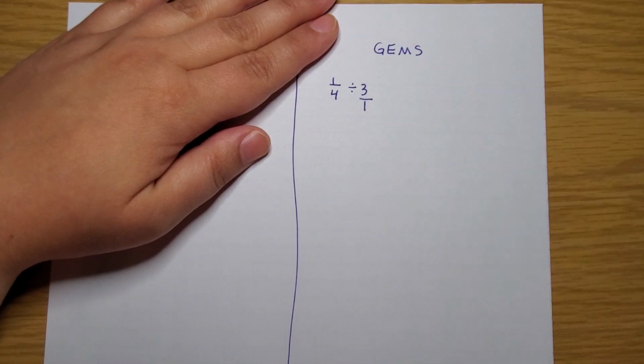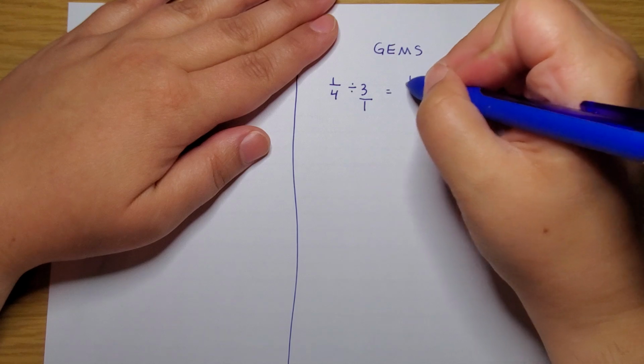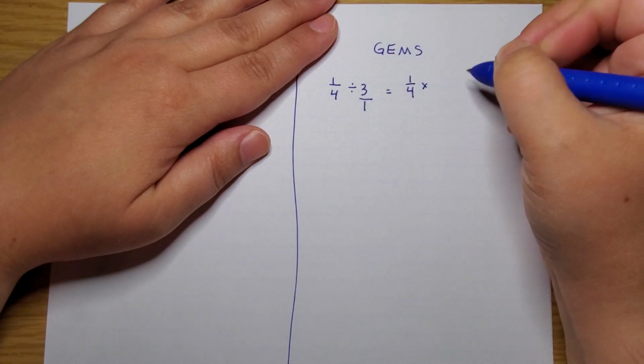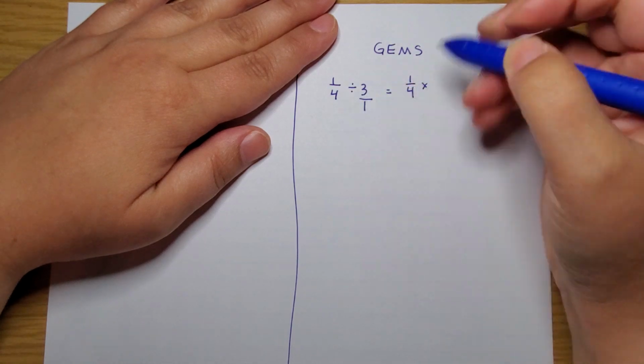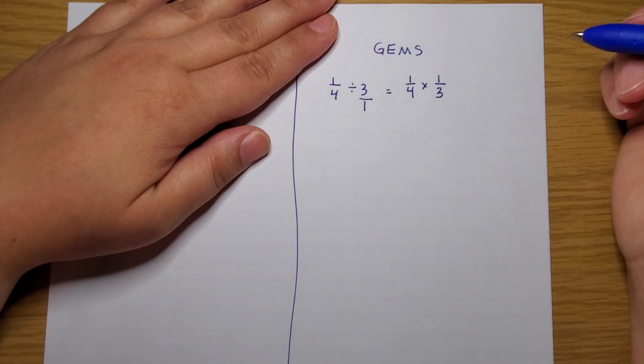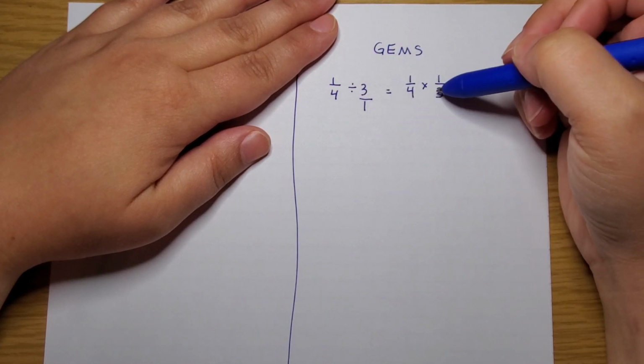Now for division, I'm going to remember keep, change, flip, or multiply by the reciprocal. So I'm going to keep the 1/4, change divide to times, and then flip my second fraction to be 1/3.